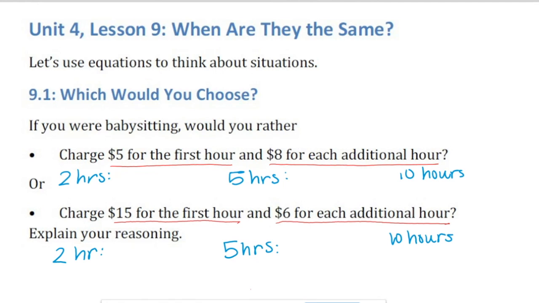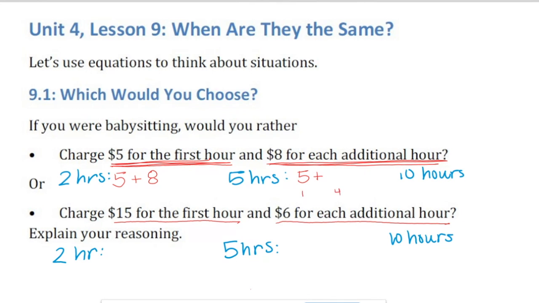Now, on a side note, as you were doing your work, keep in mind that when we look at these scenarios, you want to pay close attention to the instructions, because, for example, for 2 hours, the $5 is for the first hour and then $8 for each additional. So for the 2 hours, it's 5 for the first hour plus 8 for that second hour, right? For 5 hours, it would be 5 for that first hour, so that's hour 1.